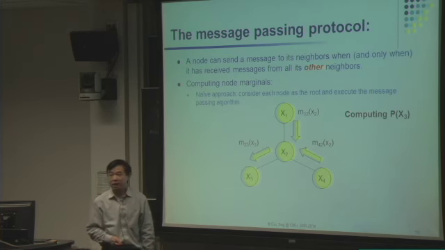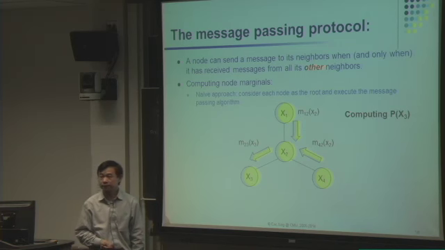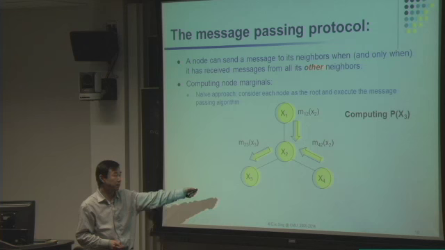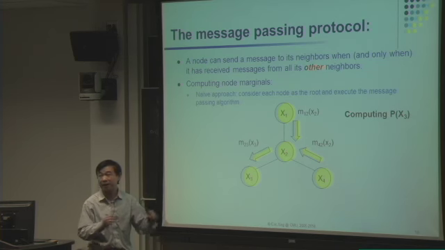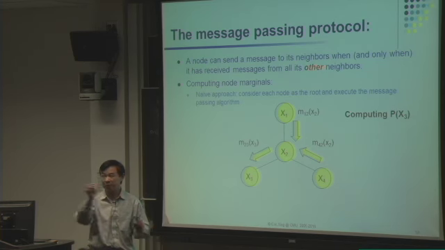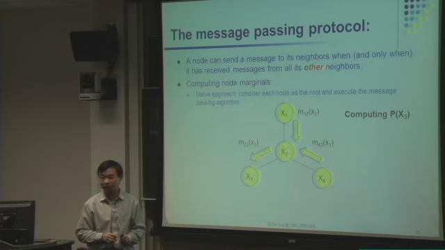How many messages have we generated in total so far? 6. The most we can do is to generate 6 messages, one in each direction on every edge, right? And after I generate these messages, I can claim that you can ask any query. All I need to do is to multiply whatever appropriate messages and potential together, and normalize them. I answer your query already, right?